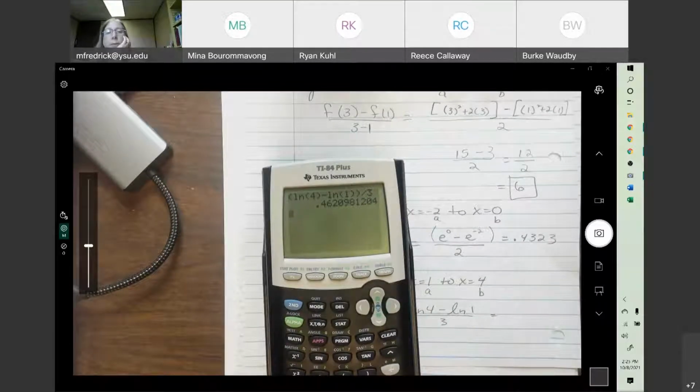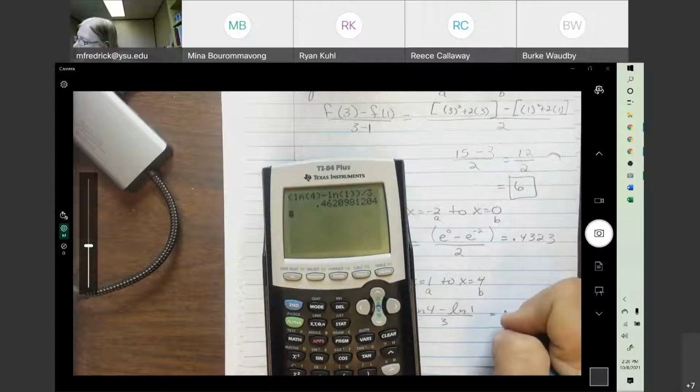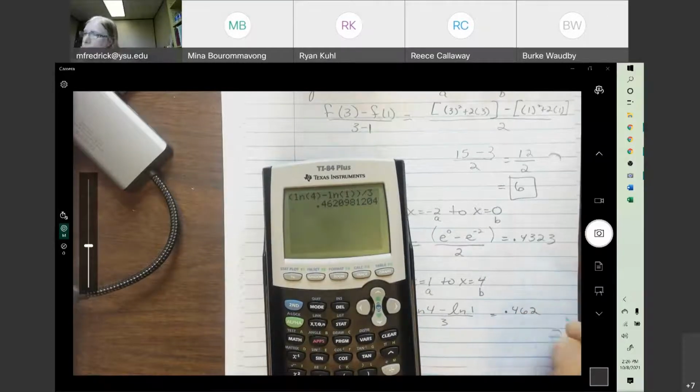You should get 0.462. Any questions on those?